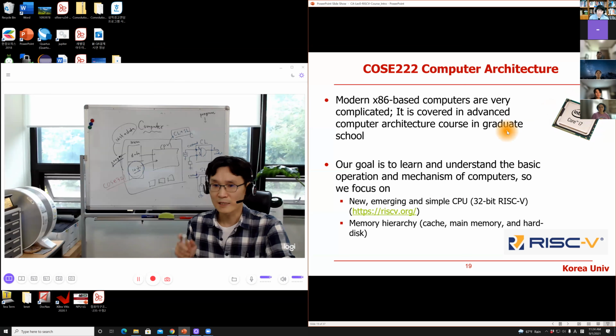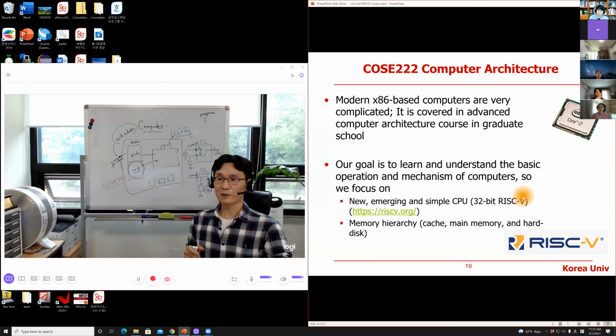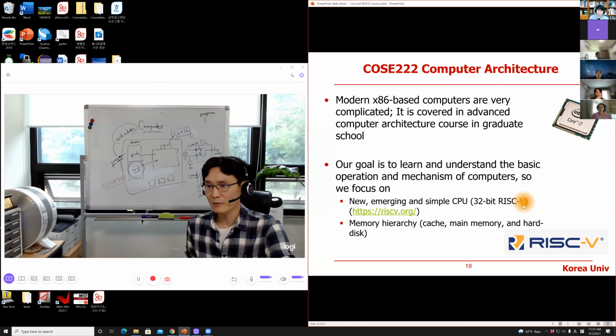Instead, in this class, we are going to talk about a super simple CPU, which is called RISC-V. It is an emerging processor. It was introduced 10 years ago at the University of Berkeley, and it is gaining a lot of traction these days.